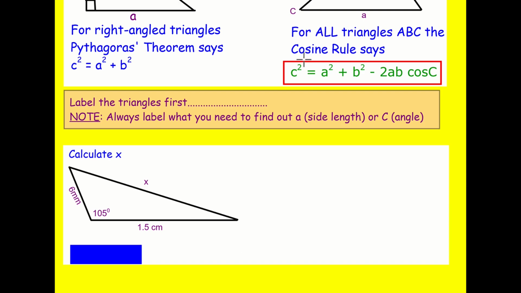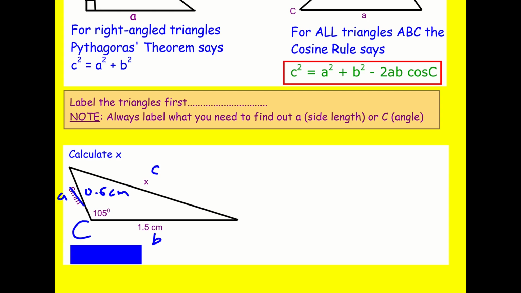So we have this, we've got it written here, calculate x. This is the same situation we had before, but this time I'm going to label this little c and this one capital C. I'm then left with this side, which I know, and this side, which I know. Just going to change that 6 millimeters to 0.6 centimeters. You must be consistent with units. I'm not trying to catch you out with that.